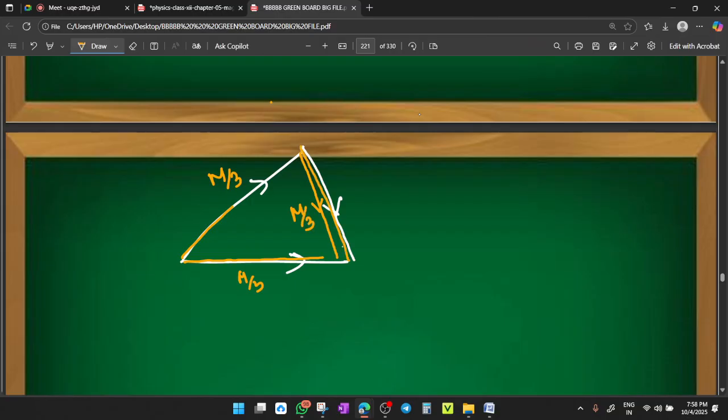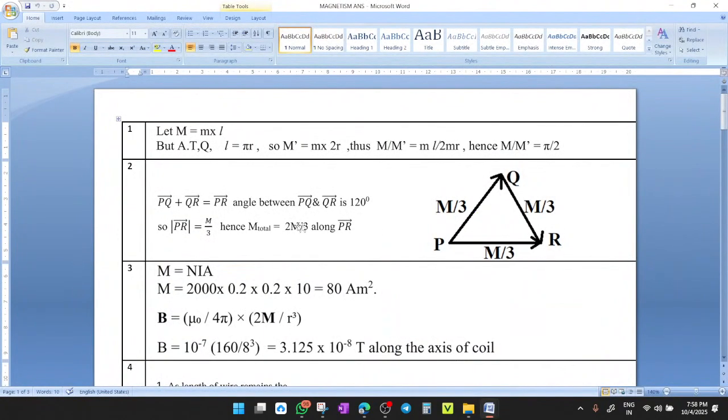And this is the third part. Now m by 3 and m by 3 are parallel, so they give a sum of 2m by 3, because we have three parts and the resultant of the initial two vectors equals m by 3. So they both add together and give a result of 2m by 3. Clear? So the answer equals 2m by 3. Here it is, done in a very short way. So m by 3, m by 3, and one more vector equals m by 3. So it equals 2m by 3. Note it.